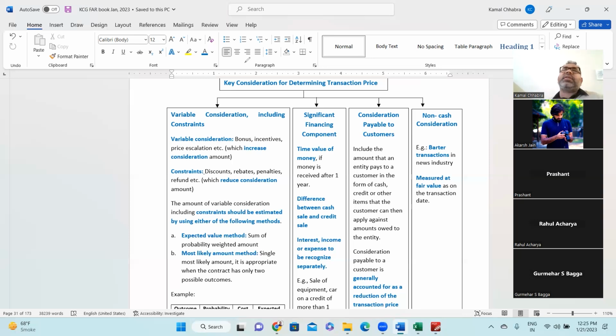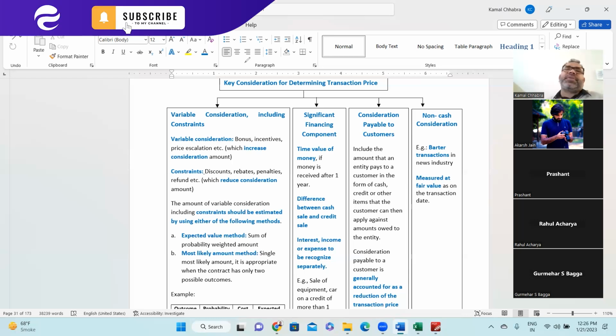When we consider materiality, we consider it for the financial statements as a whole. But when it comes to significance of any transaction or financing component, it relates to that particular transaction. For example, the car is valued at $100,000 and Ayush has, let's assume, a margin of 5%, that is $5,000 only. Let's assume the interest rate in the market is 5%, and Ayush has given credit for a year.